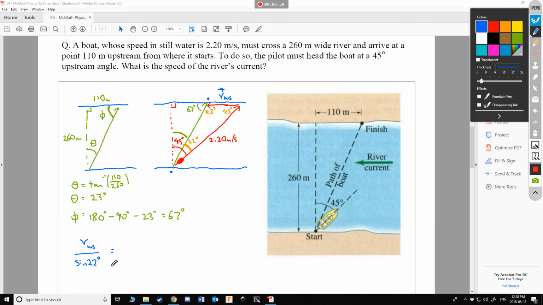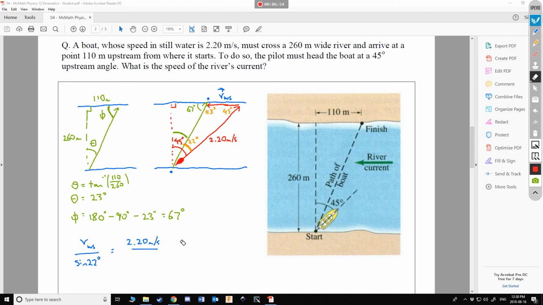And then we can use any other length and corresponding angle. We only actually know this 2.2, so I'm going to use that 2.20 meters per second. And the angle opposite that 2.2 is that 113 degrees. Sorry, I need to write it as sine 113 degrees.